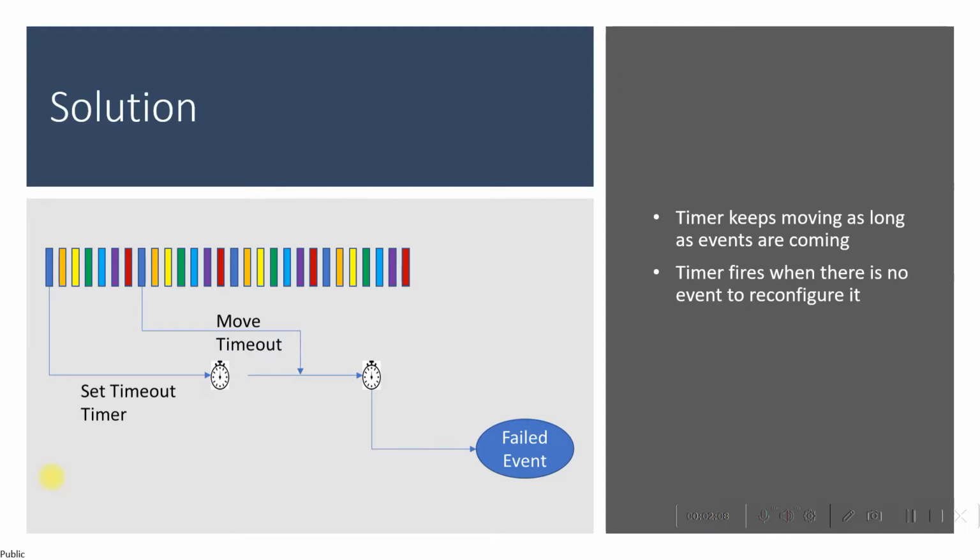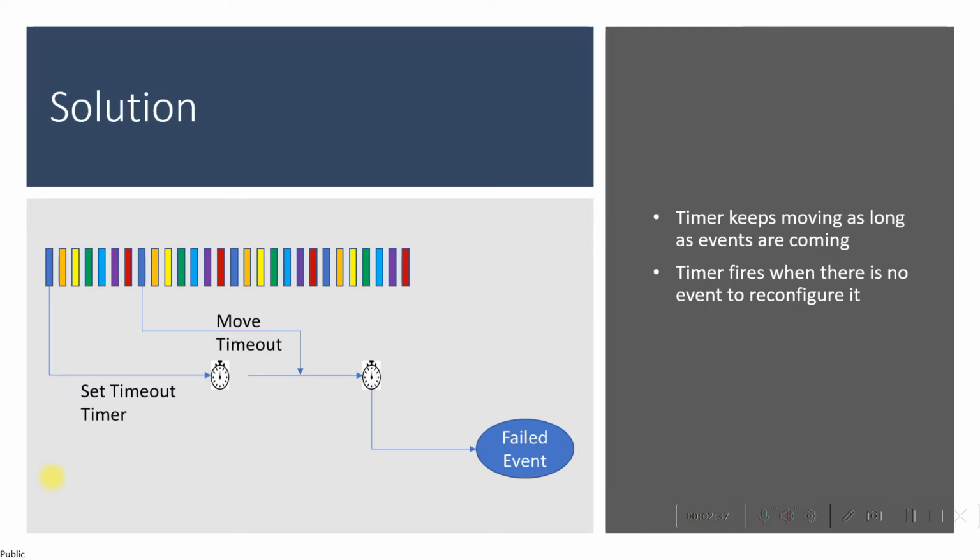Now, how this is done is explained here. Let's say an event comes in. Each device is sending events every 5 seconds, or in your case, let's say X is the interval. Whenever the device sends an event, that event will create a timer. The timer is supposed to create an event which will say that the device has failed.